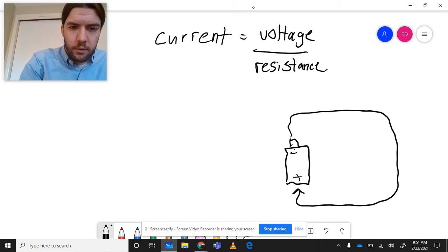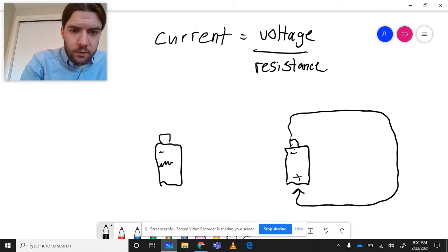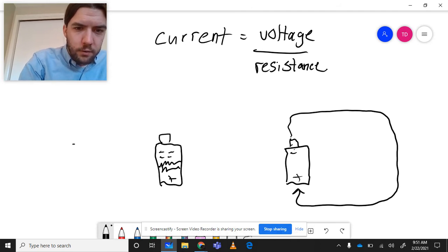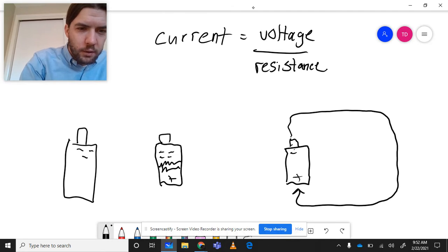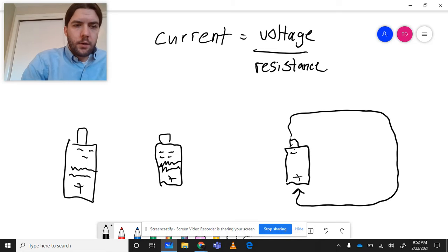For example, let's make a rough sketch. If we have a battery with some separation between the negative and the positive, and there are four electrons, versus a battery with three electrons. What hopefully you know is that like charges repel.